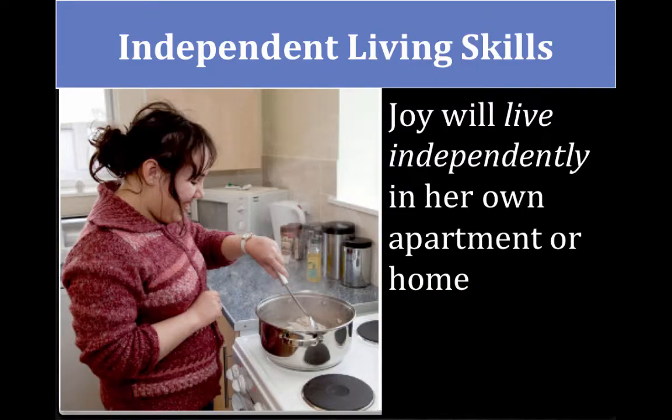Same thing, independent living. She's not going to live independently on her own while she's in K-12, but we want her, if that's her vision, once she graduates from K-12, not 5, 6, 10 years down the road, then what skills does she need to be able to do that? What skills does she presently have? And those become your goal statements. Your goal statements revolve around her ability to demonstrate those skills essential to being able to live independently.